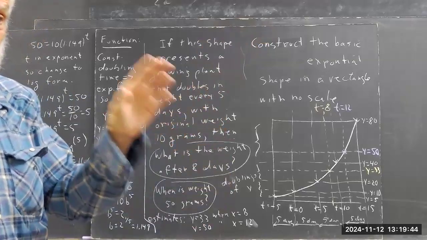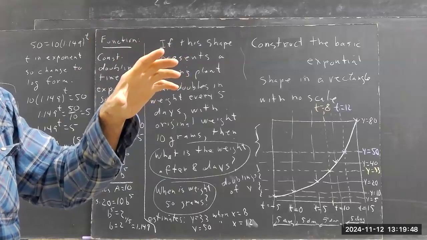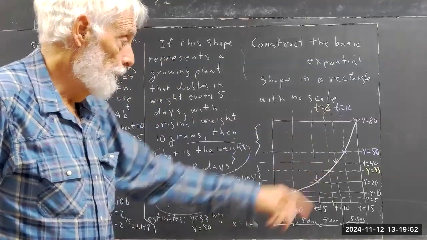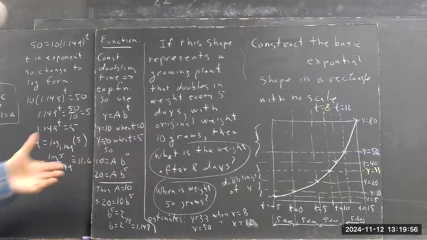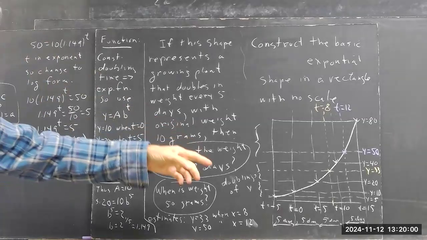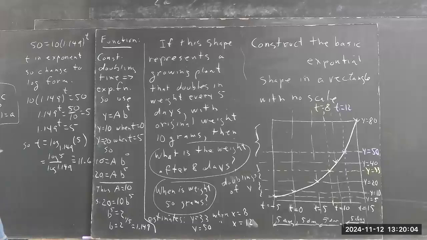You want to know about when. We know that this plant tends to double every 5 days under good conditions, and we can make a prediction from the graph. We don't even have to go to the function. But many times you have to go to the function. If you draw a good graph, then you don't have to do a lot of algebra. If you're in a hurry to get your result and you want to get a bunch of them, construct a bunch of good graphs. It's quicker than doing all the algebra.